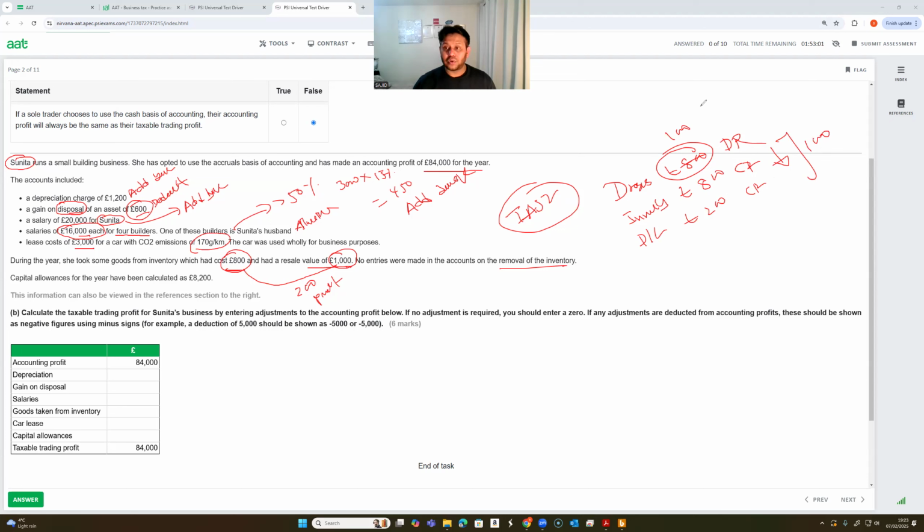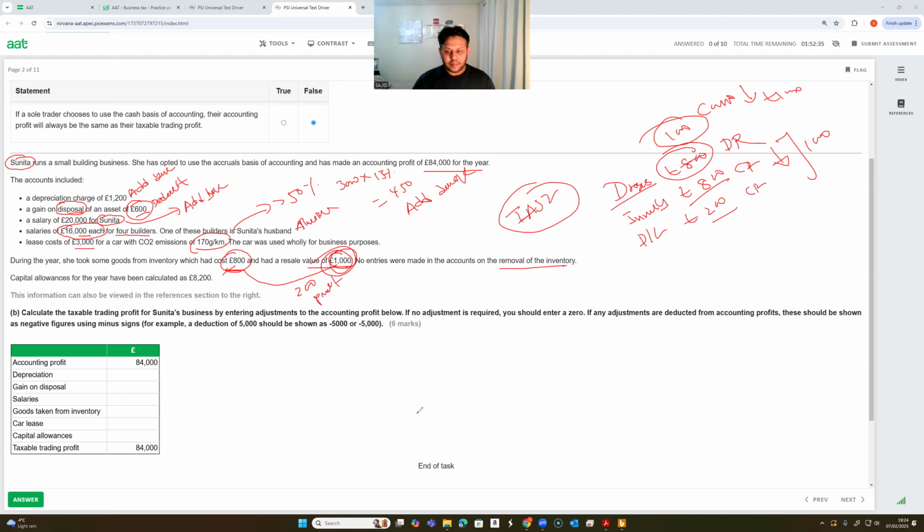So my capital will go down by 1,000, and my inventory will go down by 800, and the profit and loss will be increased by 200 because you have to consider the profit. That means the 1,000 will be the drawings, not 800. Be very careful. You take the selling price. Very, very important to remember, do not take the cost here. The cost will have an impact on the inventory, not here.